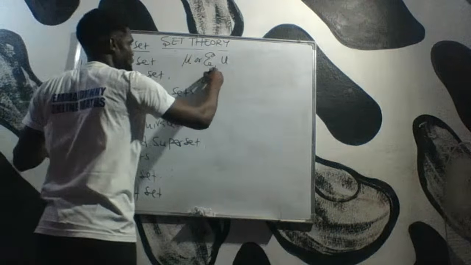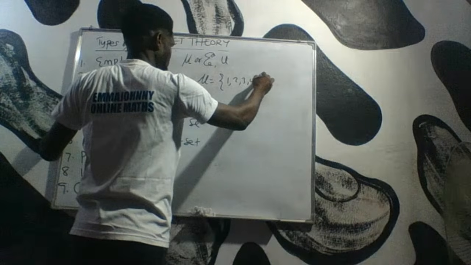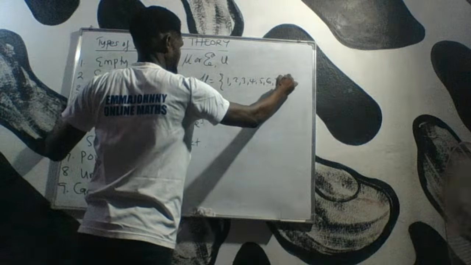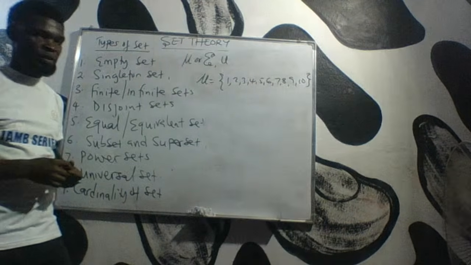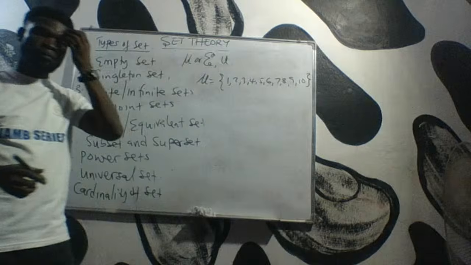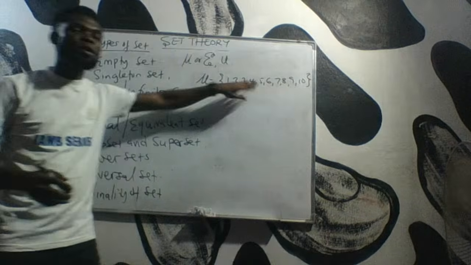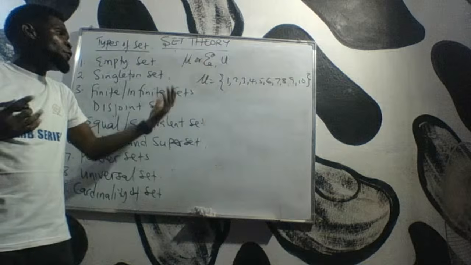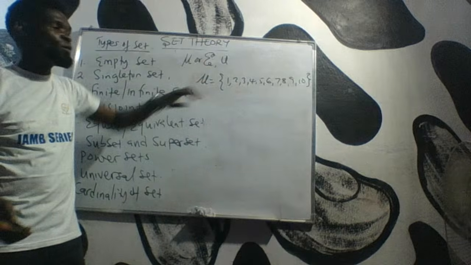So if I have a universal set U equal to 1, 2, 3, 4, 5, 6, 7, 8, 9, 10. That's the universal set. There are 10 elements inside the universal set. I can form so many subsets from this universal set.